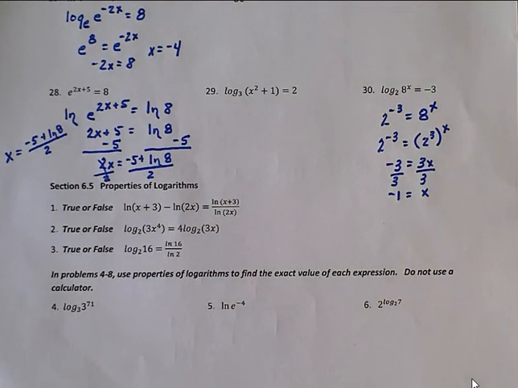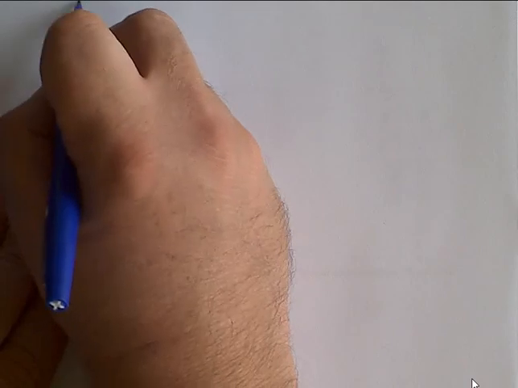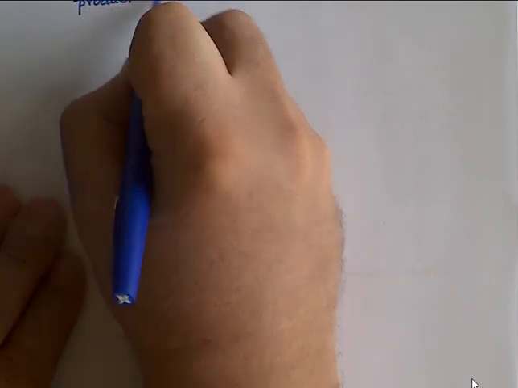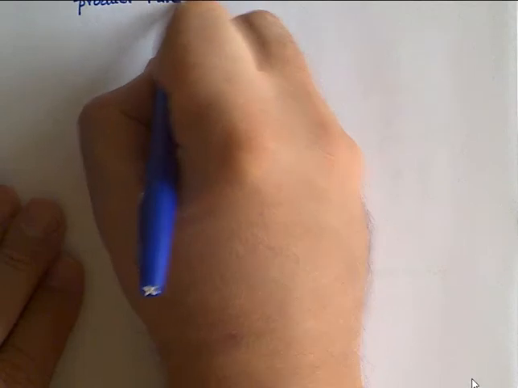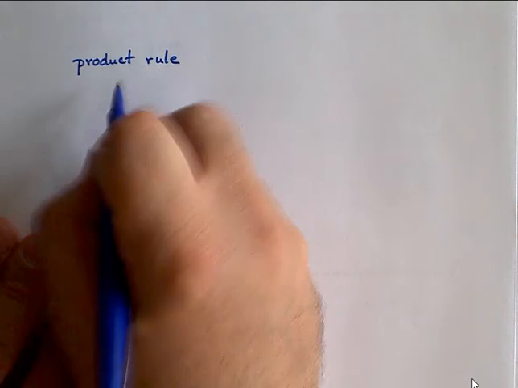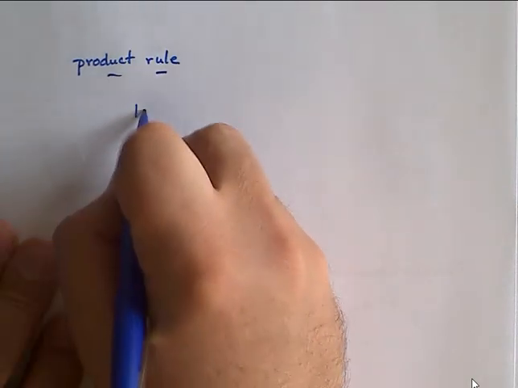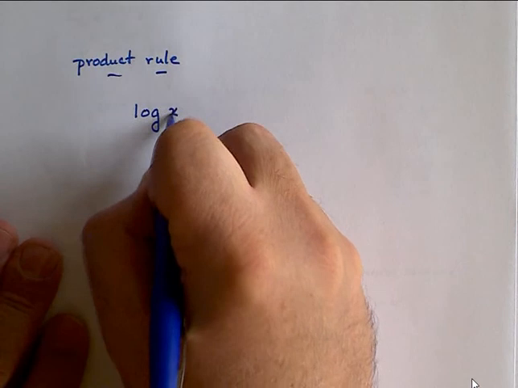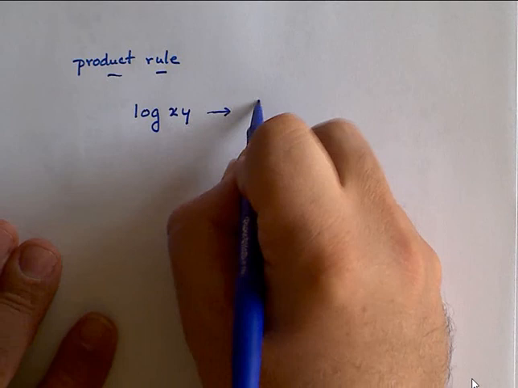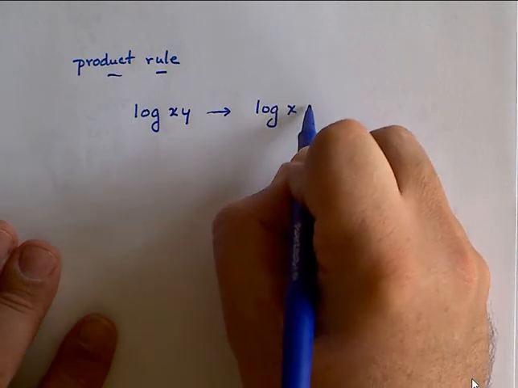Now the other part of this is going to deal with operations. Remember when we were doing polynomials, we had a product rule when we were dealing with exponents. The product rule says, and this is for logarithms, if you take the log of the product of 2 items, you can actually break that up into a sum of their individual logs.